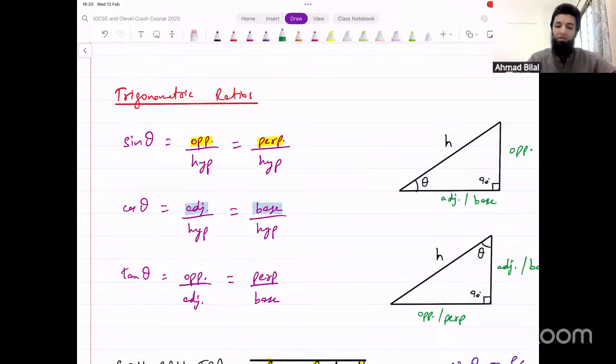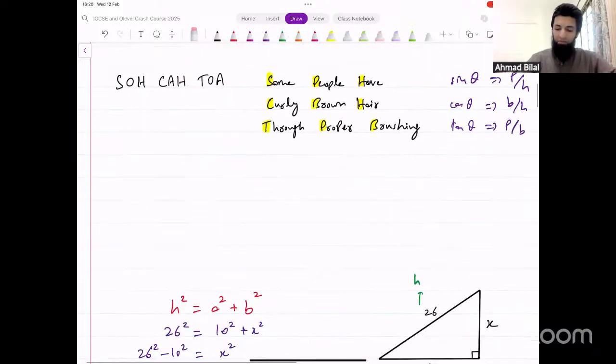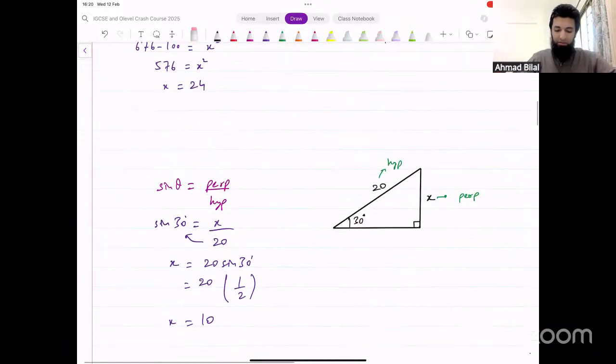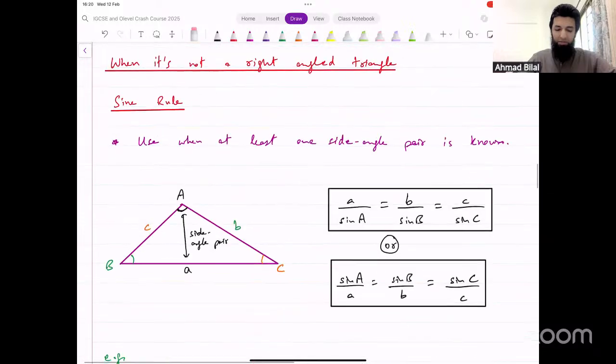Okay, we can use this to find unknown angles, unknown sides in a right angle triangle. So whenever they talk about angles in a right angle triangle, you generally have to use these trigonometric ratios. These were some ways that we discussed to remember the ratios. We looked at some examples.